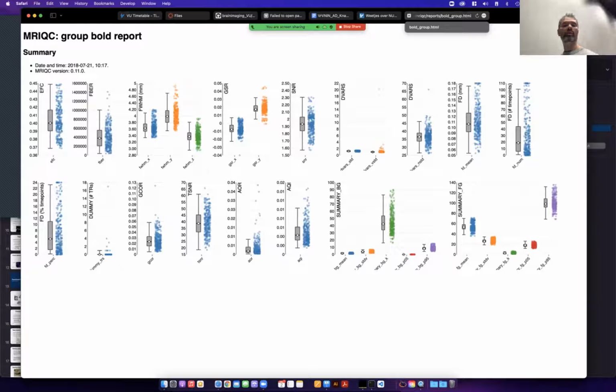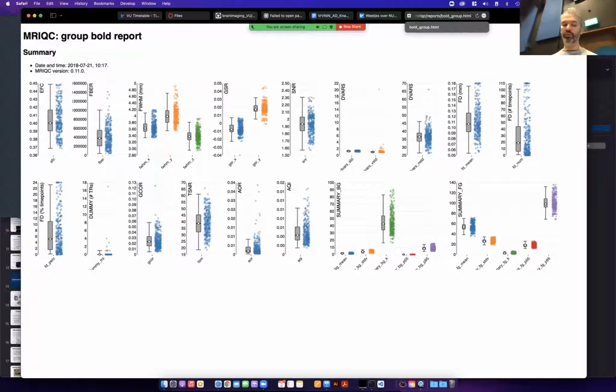So you end up seeing quality control measures derived from each run separately, but there are something like 300 runs in total, so you end up seeing 300 dots. Each of these quality measures gives you a scatter plot, in which in many cases you want these measures to be low, because they get higher when people, for example, move more.